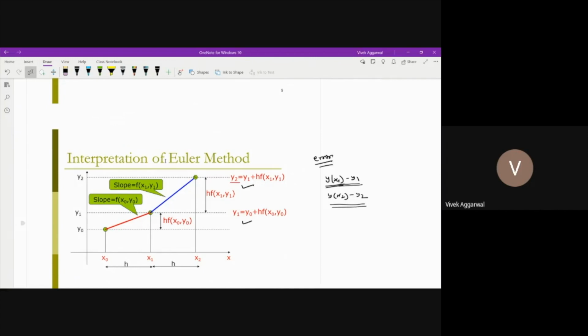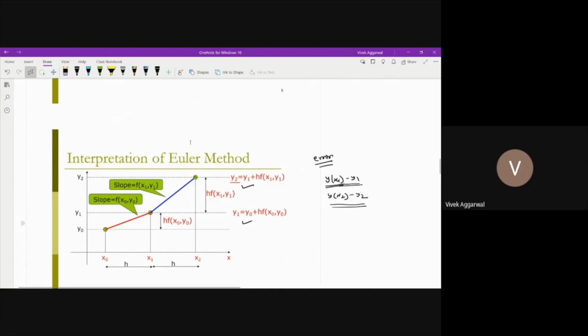We verify that our method is working on this type of problem or not. And if we find that our method is working, only then we can apply it to other types of problems which are very difficult to solve analytically.